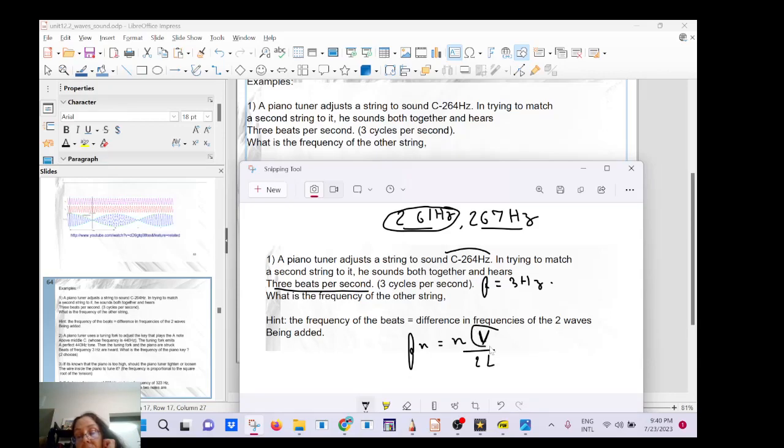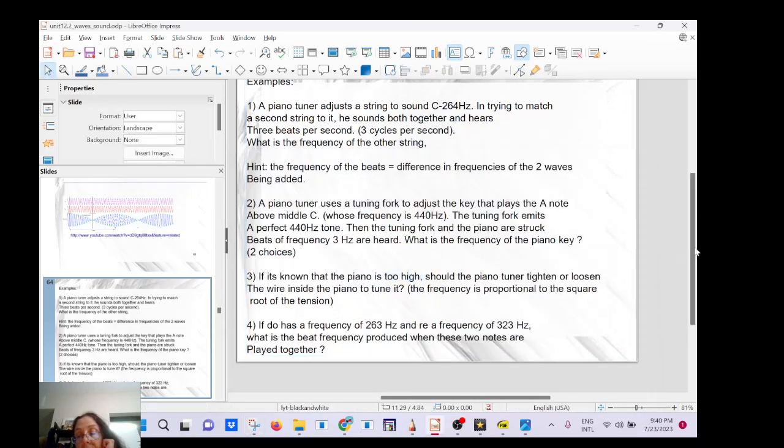It's always depending on the speed. And the speed depends on the tension. So if the tension is high, the speed is high, so the frequency is high. So you need to loosen it.